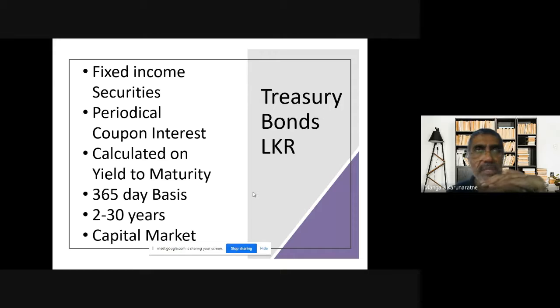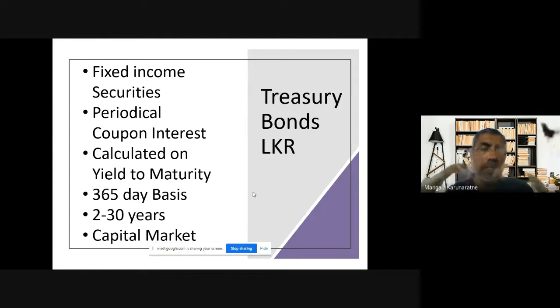So these are denominated in US dollars, and the day basis is 360, not 365, right? Now, LKR bonds are 365. US dollar bonds are 360. But if you take sterling bonds, they are 365-day basis.